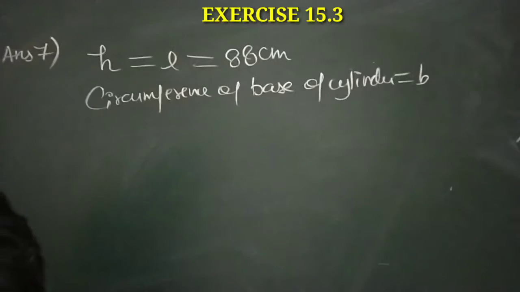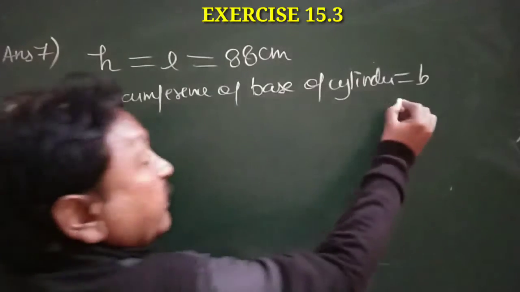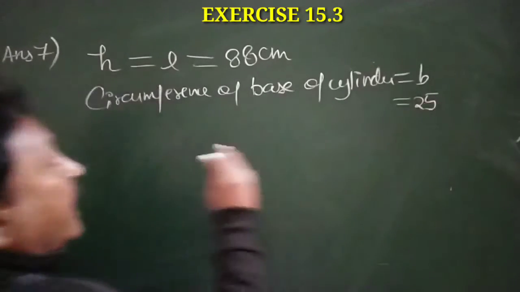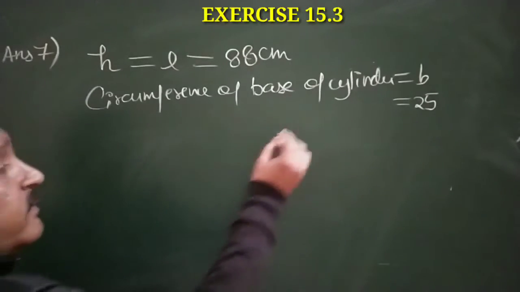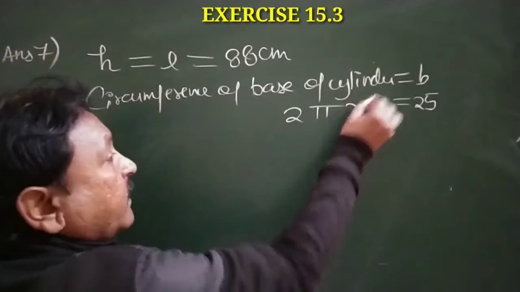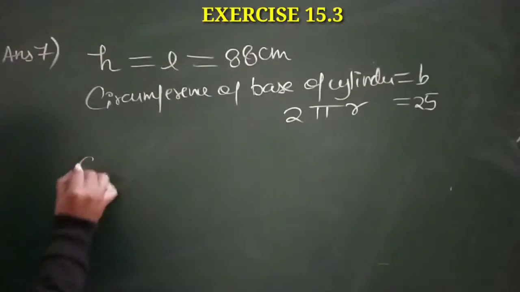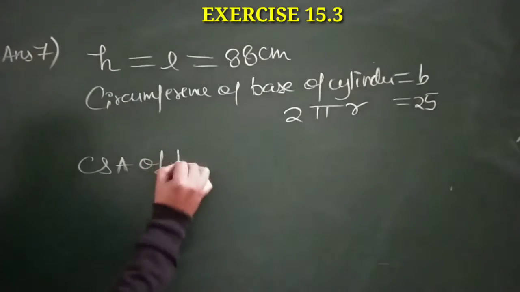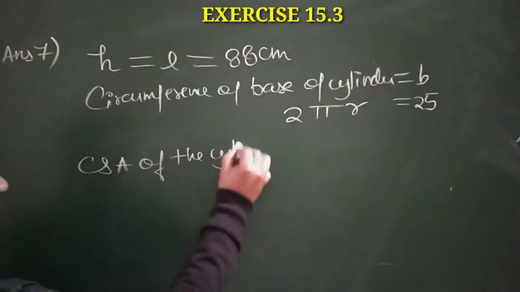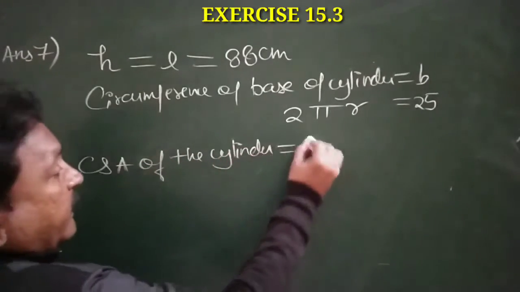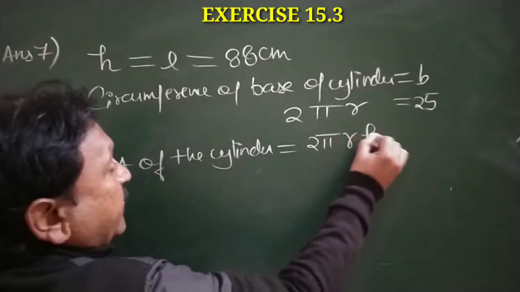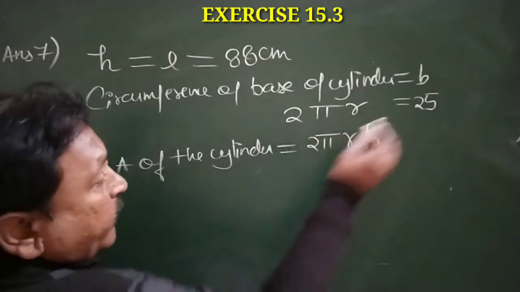The breadth of the rectangle is given to us as 25, and we all know the formula for the circumference, it is 2 pi r. Now the question is asking us to find the curved surface area of the cylinder. We all know the formula, it is 2 pi r h. 2 pi r value is 25.